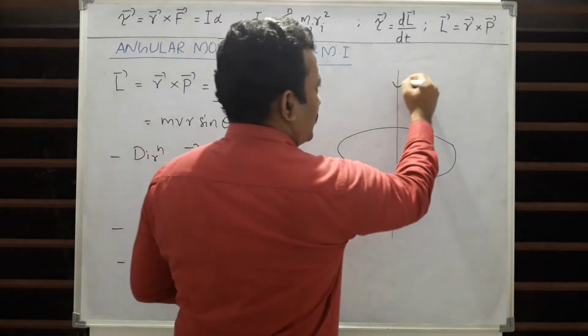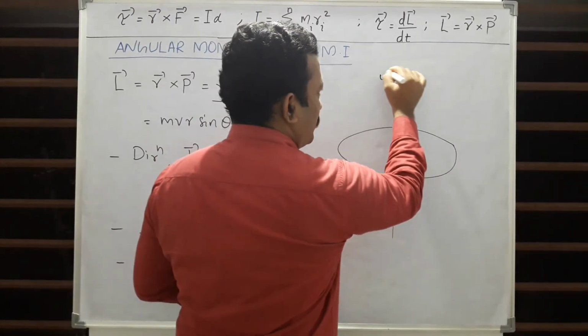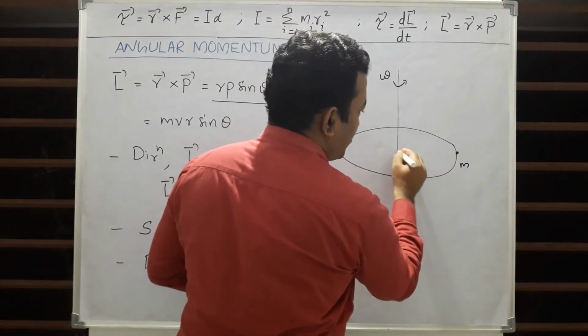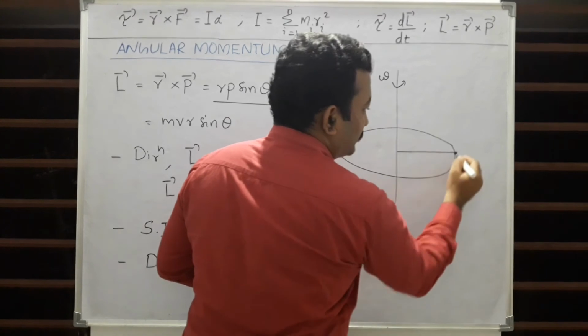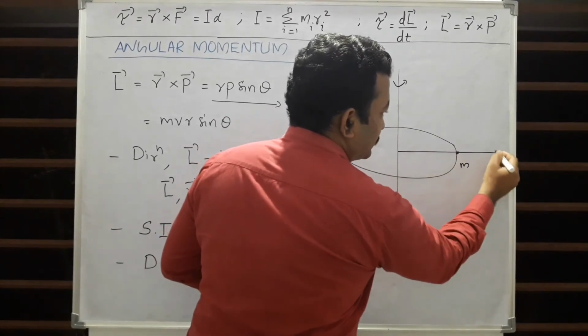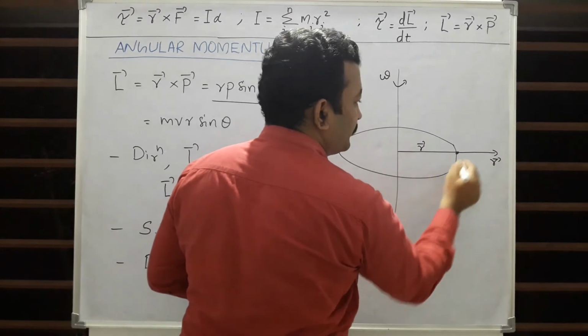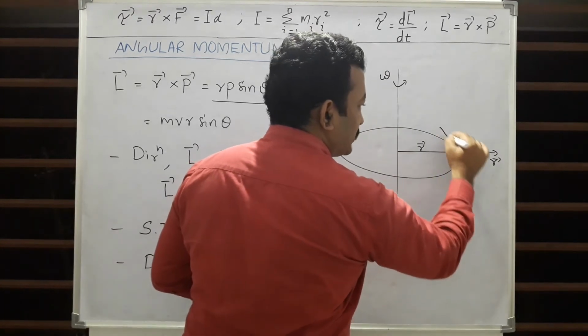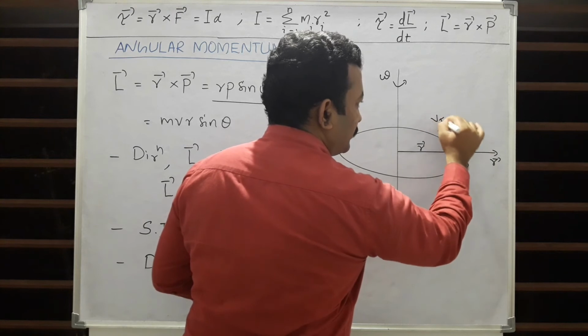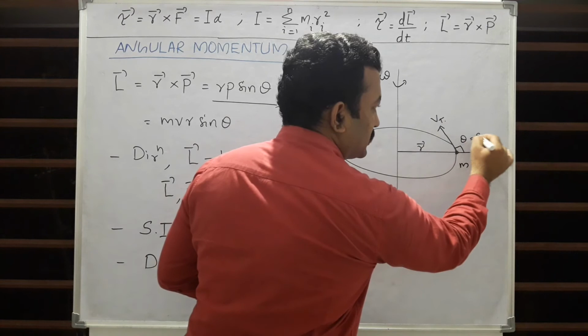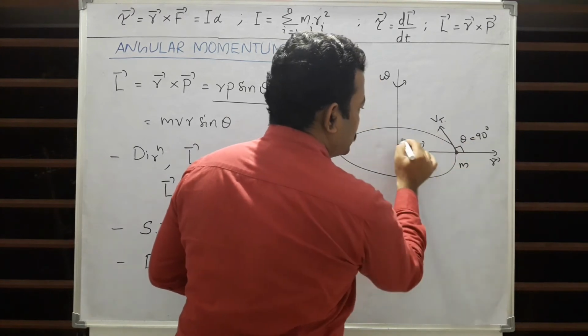If this is rotating about an axis with an angular velocity of omega, suppose the particle has a mass m. From the axis it is at a distance r, and it has a tangential velocity v_t. We can say that v_t and r make 90 degrees with each other.